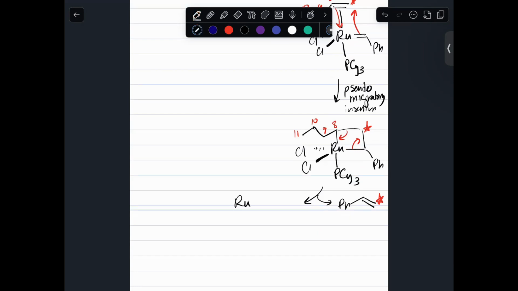And now I form my carbene with carbon 8. And now I go ahead and I introduce my four-membered ring cyclobutene, excuse me, for my ligand association.